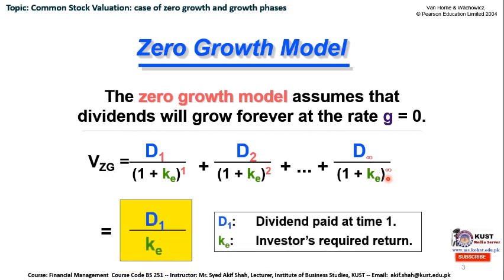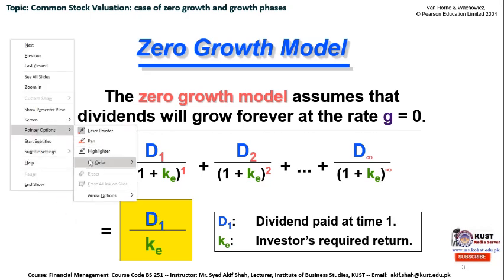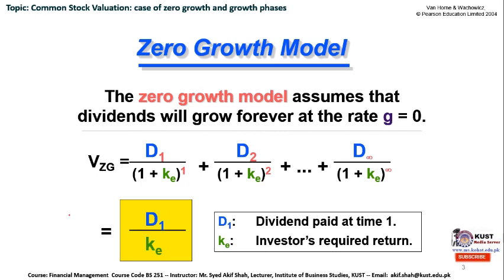Therefore, the reduced form of valuing such kind of common stock is to divide D1 by KE, which is the discount rate. Here D1 is the dividend paid at time 1, and this value is at time 0 because we are interested in finding out the value at time 0.